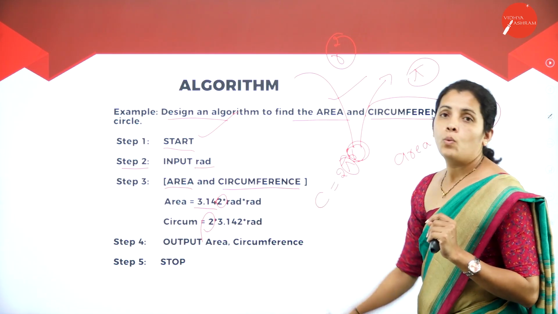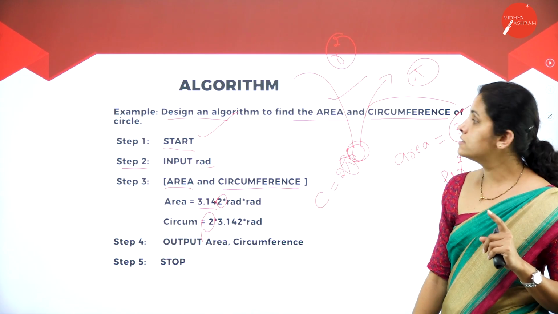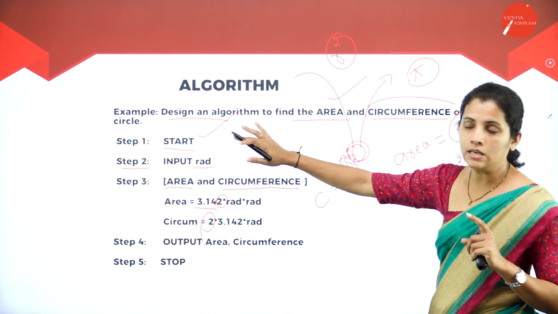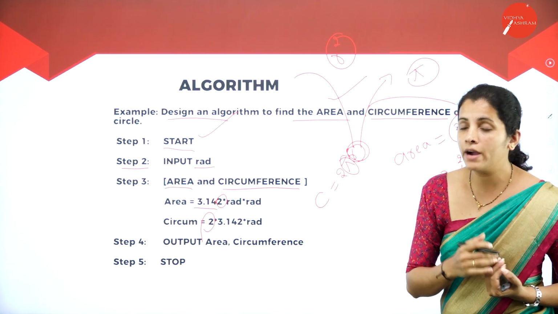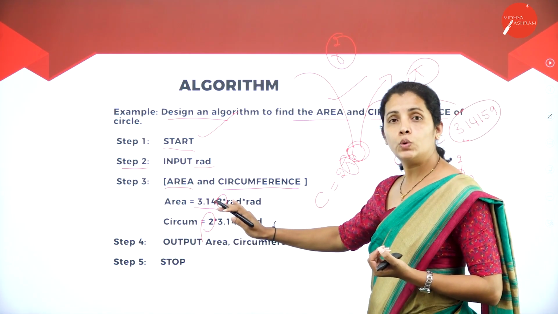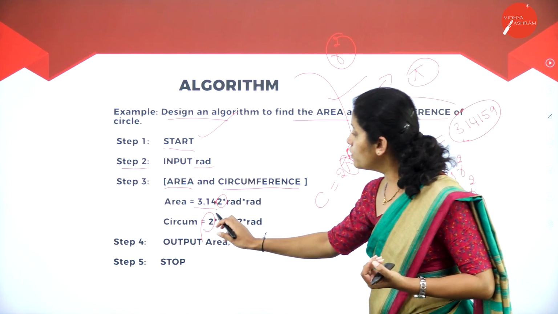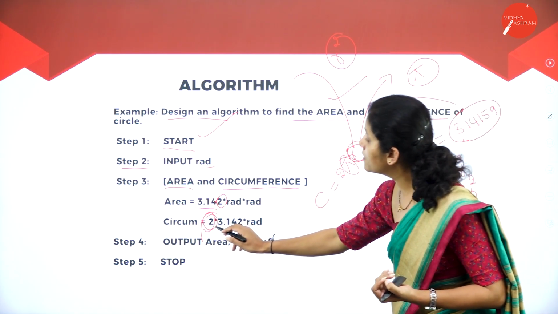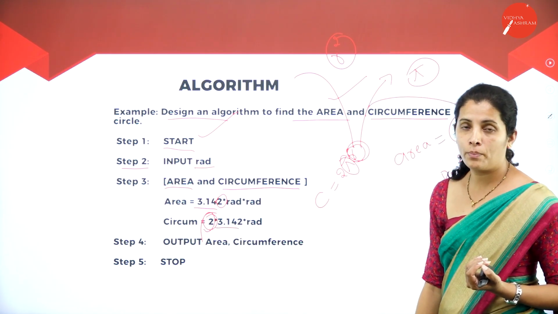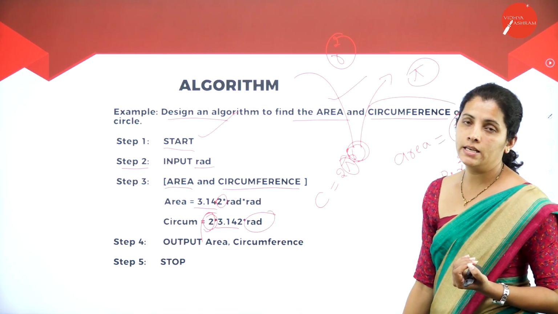Then what is my next step? I want to find the circumference of the circle. So how can I find it? Once again, I have a predefined formula, that is 2 into pi into r. So I'm going to write 2 as it is. Once again, I'm going to write the constant value for pi. Along with that, I'm going to multiply radius.